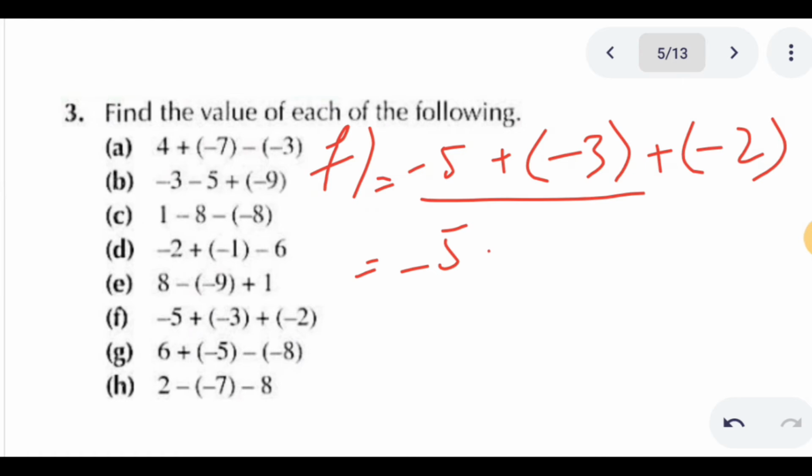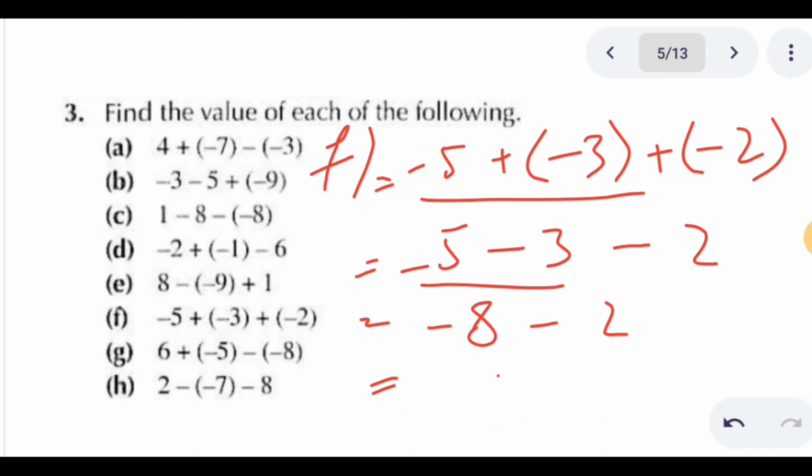Minus 5 plus minus minus 3, and this plus minus minus 2, and we get the number 8 from the first two numbers, minus minus plus, so we add 5 and 3 and write the minus sign, and again minus minus plus, so 8 plus 2 is 10, and the bigger number is having the minus sign, so it is minus 10. So this is how we solve these questions.